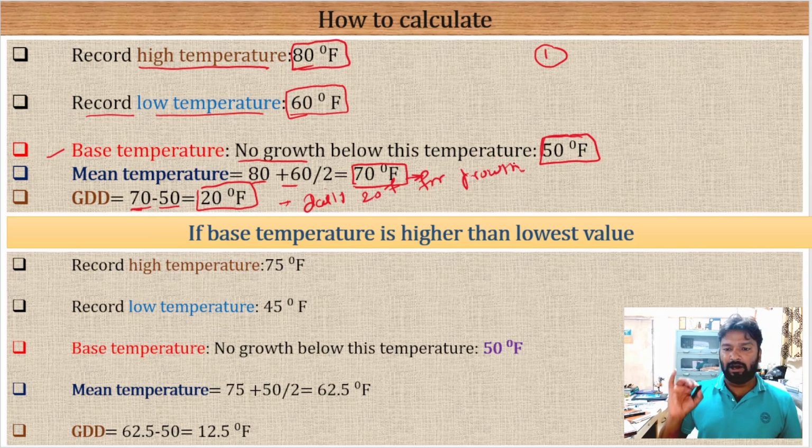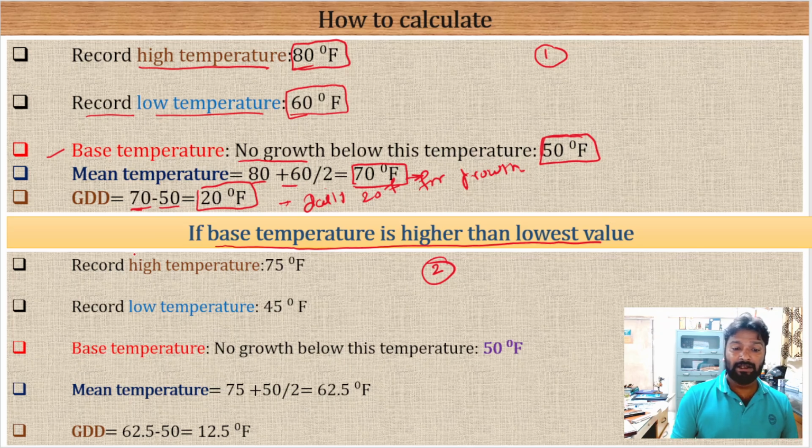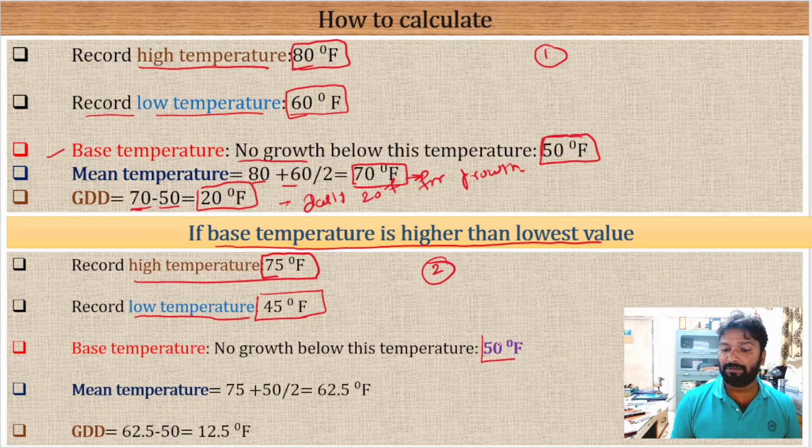Now the second case is when the base temperature is higher than the lowest value. Here, the high temperature is 75 degrees Fahrenheit, the low temperature is 45 degrees Fahrenheit, and the base temperature is the same, 50 degrees Fahrenheit. In this case, for the mean temperature, we will not consider this 45 degrees Fahrenheit.